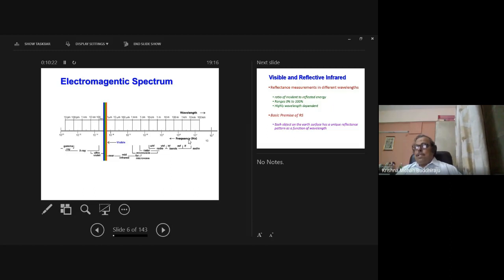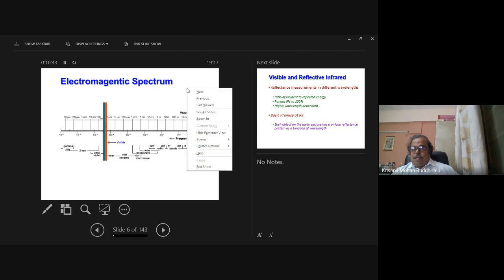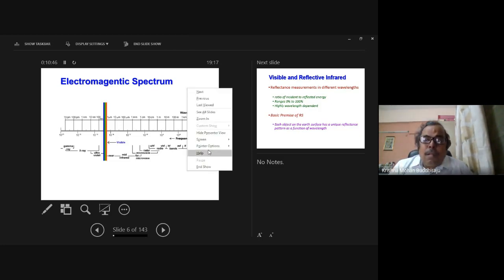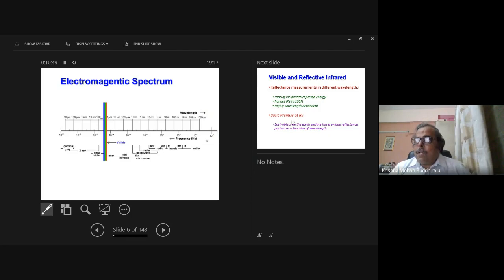All of us are familiar with the electromagnetic spectrum. We use a very narrow range of wavelength bands for data collection for Earth observation, the visible region. Let me use the laser pointer. So we have the visible region and then beyond that the near infrared, mid and thermal infrared, and microwave.